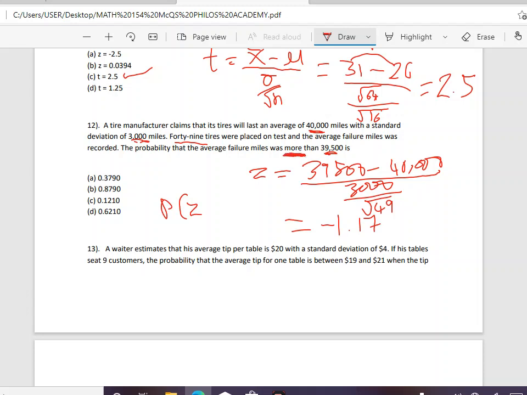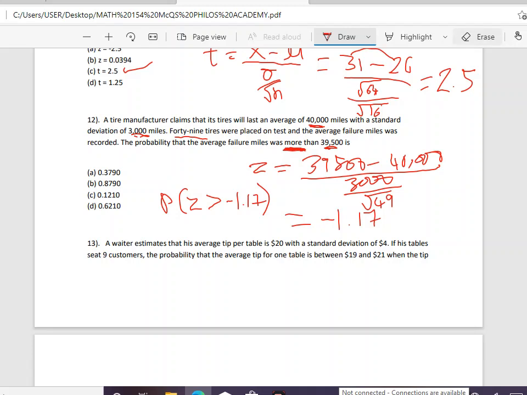So to get the probability, we are finding the probability that Z, the question says more than, area more than. So we've gotten our Z to be 1.17. So we are finding probability that Z is greater than negative 1.17. Now to do that, you are going to take your Z table. Let's sketch a curve to represent it.